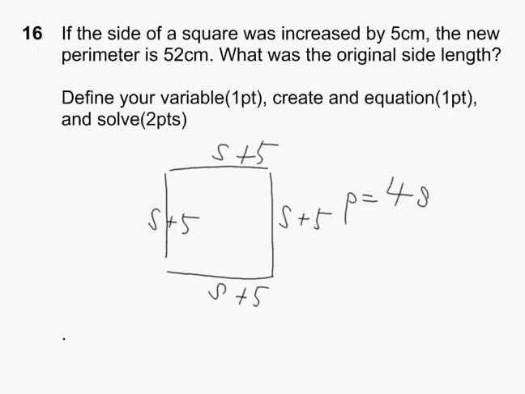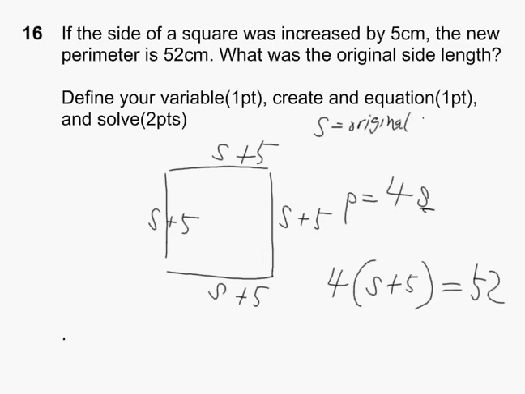So if I was to multiply the side length, it's no longer S, it's actually 4 multiplied by the new side length, which is S plus 5. So the new perimeter is 4 times the side length increased by 5, and that new perimeter is 52. So S is going to be the original side length. That's my first step.